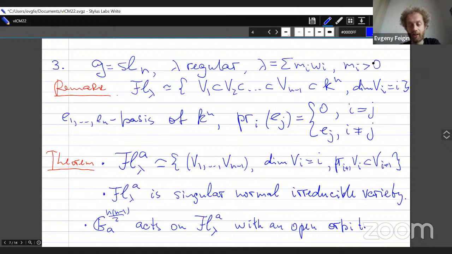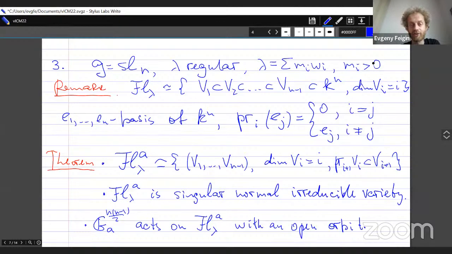This is some algebraic condition, and the varieties defined in this way are singular in general, but it turned out that they're normal and irreducible. This is absolutely unclear from the definition. What is clear is that they are so-called GA varieties, which are kind of additive analogs of toric varieties.